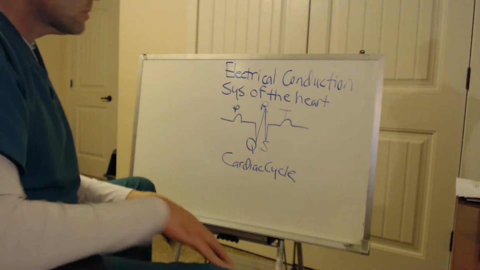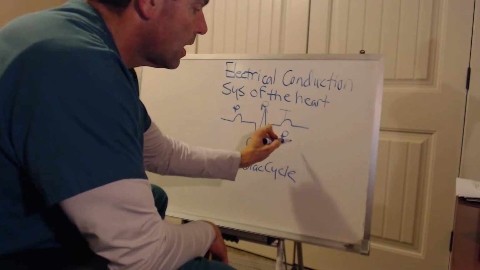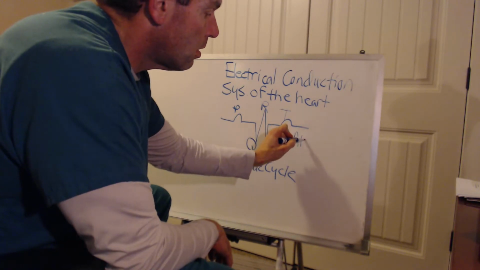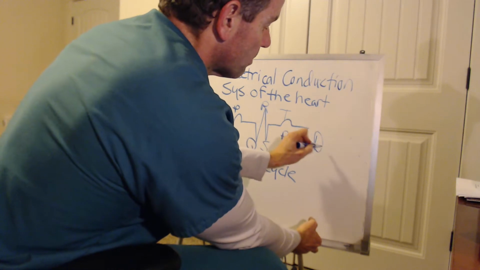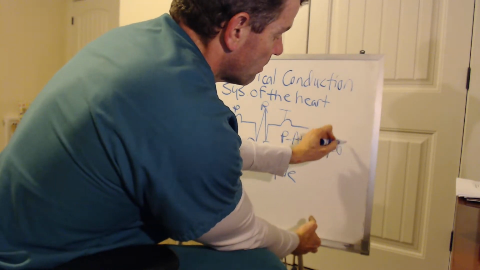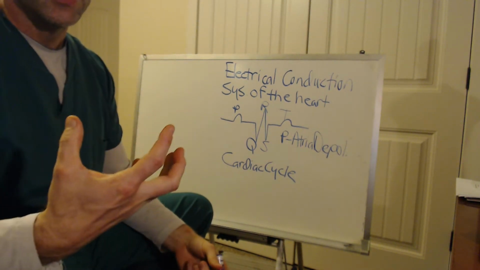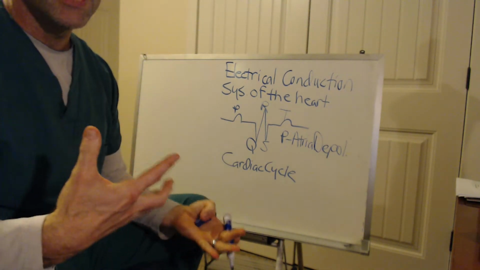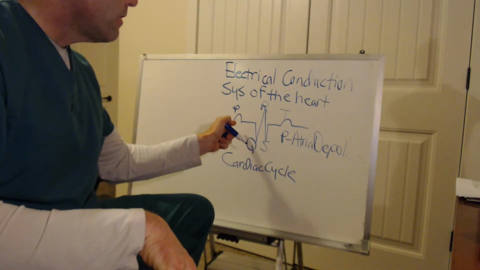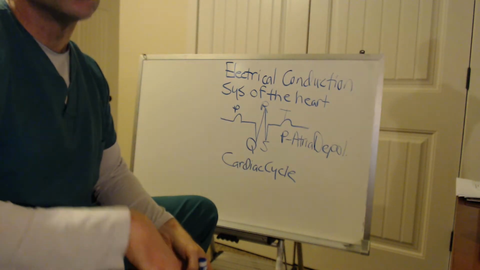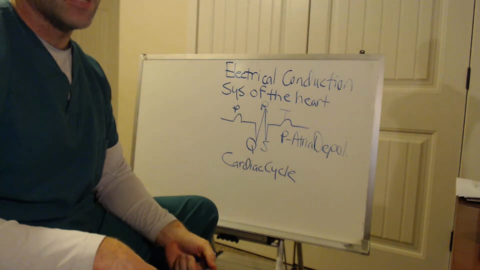The P wave equals atrial depolarization. That's the electrical activity that must precede mechanical contraction. So the P wave is atrial depolarization. Shortly after we see this P wave, we would see the atria start to contract.